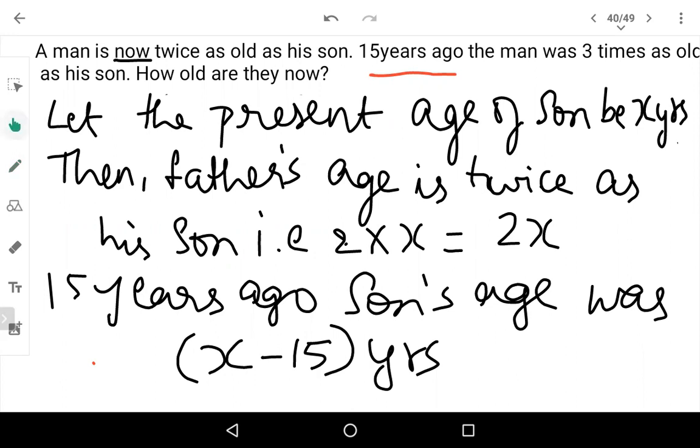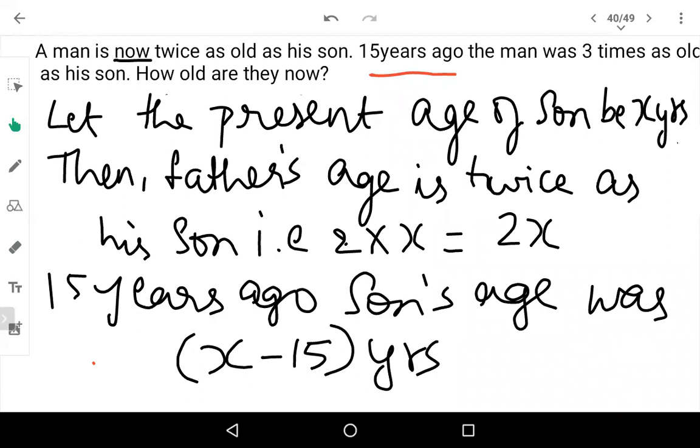Now 15 years ago, the age of the son is going to be x minus 15. How did I get x minus 15? If today's age of the son is x, 15 years ago his age would be x minus 15. I gave you an example: if the age of the son is 25 today, 15 years ago I will minus 15. Same thing I'm doing, but I do not know this 25. In the place of 25, there is x. So x minus 15 years.